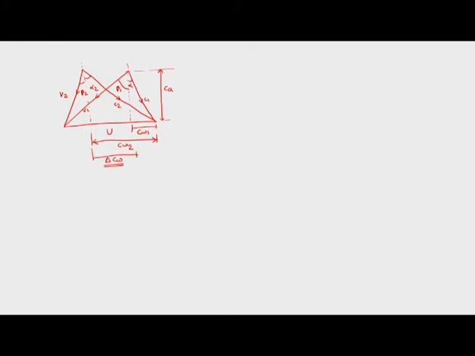Looking at this velocity triangle, we can write down certain expressions where u, which is the base of both the triangles, is equal to CA tan alpha 1. CA tan alpha 1 is this length, which is CW, plus CA tan beta 1, which is the rest of the length for u.